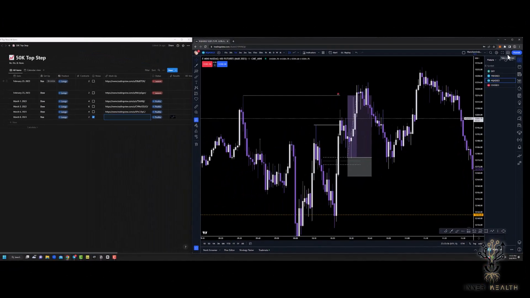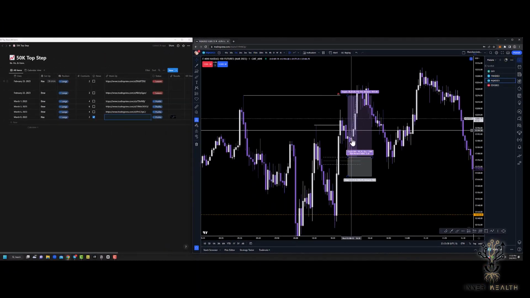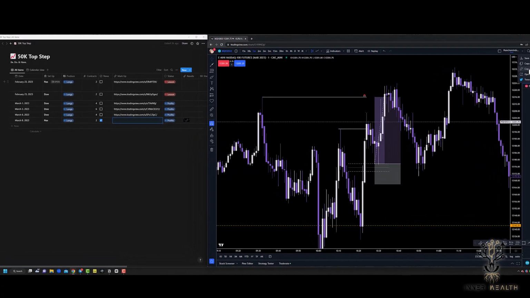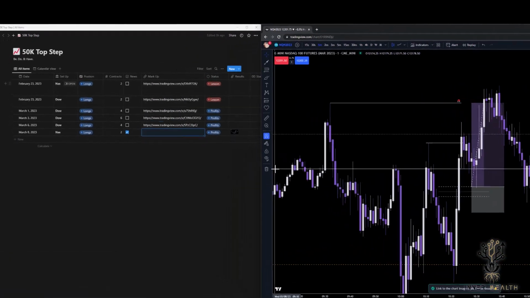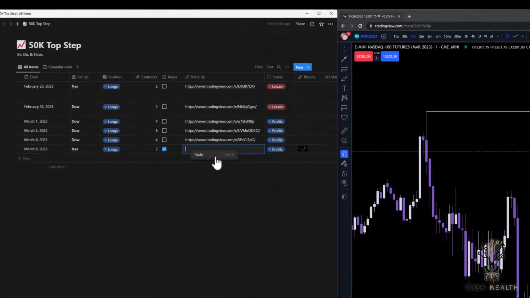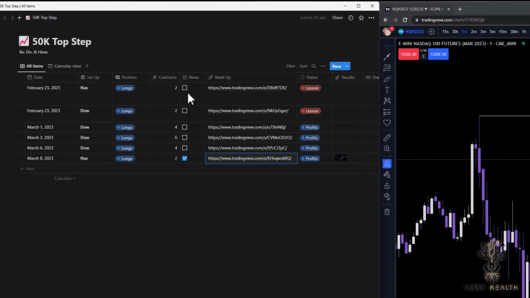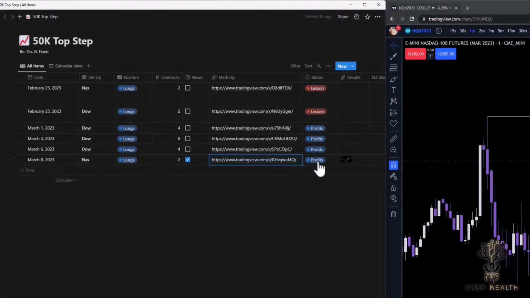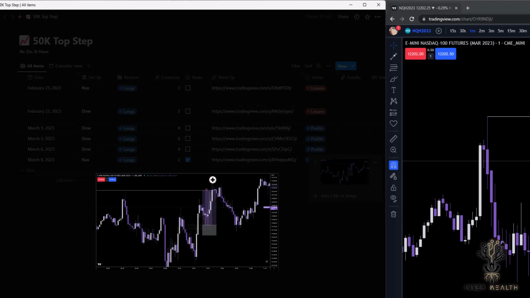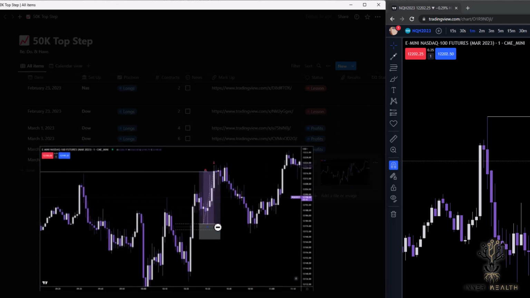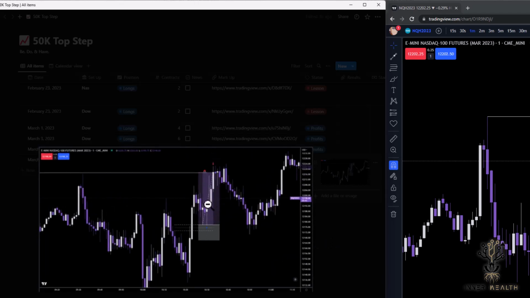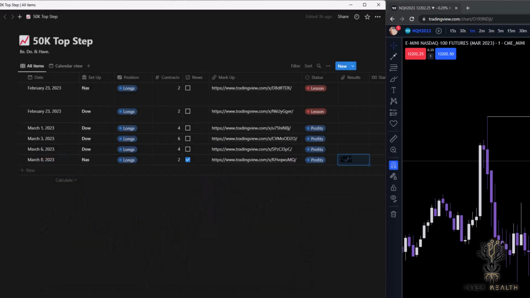Once I get it all set up, I take a screenshot, and then I pass it over here to the markup and hit profits, select a file. I already have mine selected, and I dropped it in there. You guys can see my screenshots there, my entries and exits, right?